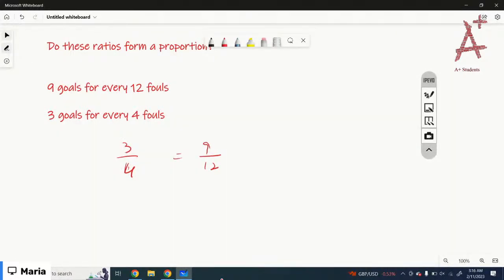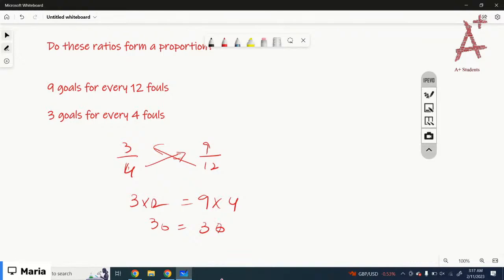Just do cross multiplication, numerator times denominator and denominator times numerator. You have to do 3 times 12 and 9 times 4. So 3 times 12 is 36 and 9 times 4 is 36. So yeah, they are equal. That means they form a proportion.